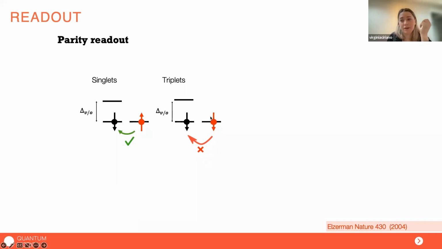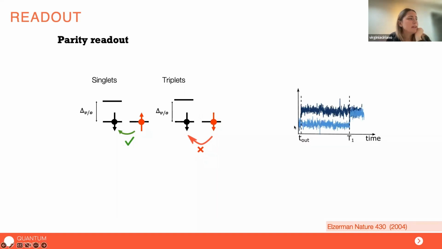Whereas if they are in the same spin state, it cannot tunnel there because of Pauli spin blockade. In this way, we will see that the signal is constant, in light blue, if we had a triplet, unless the triplet decays. And the signal changes because we have had a tunneling event if we had a singlet.